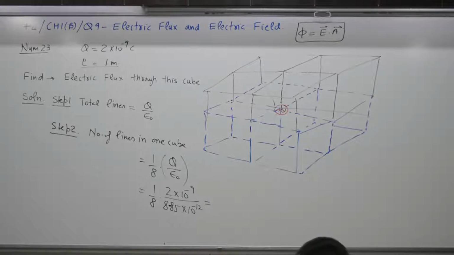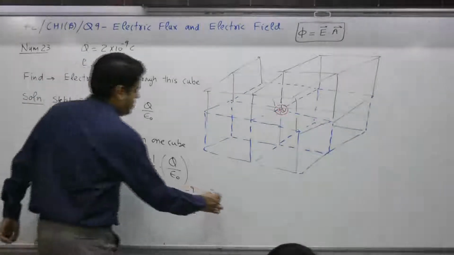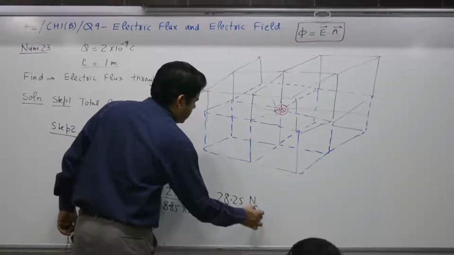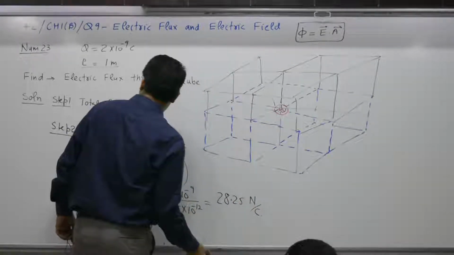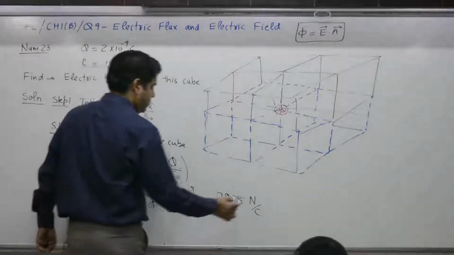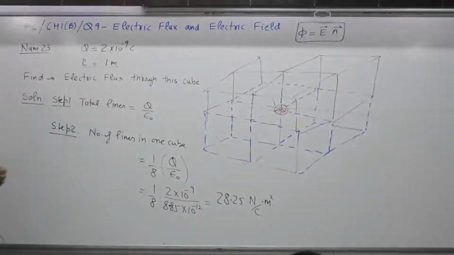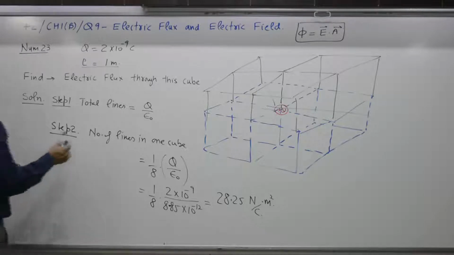Confirm that we are getting 28.25 Newton per coulomb meter square as the answer. That is the electric flux.